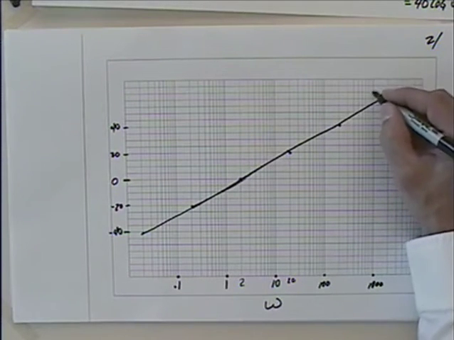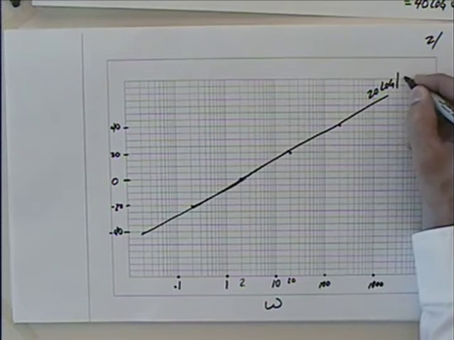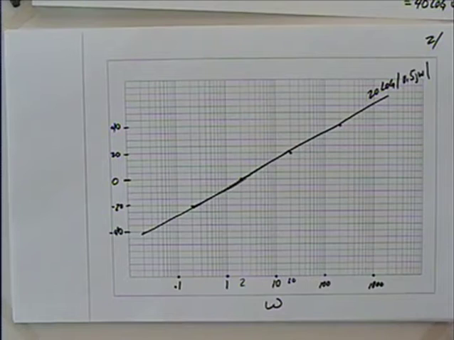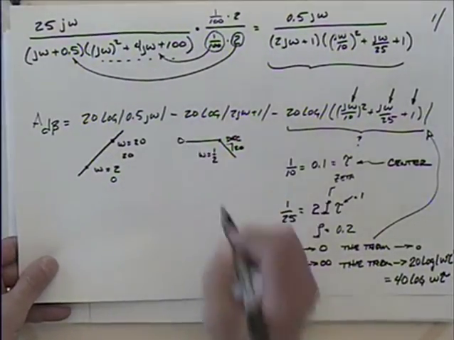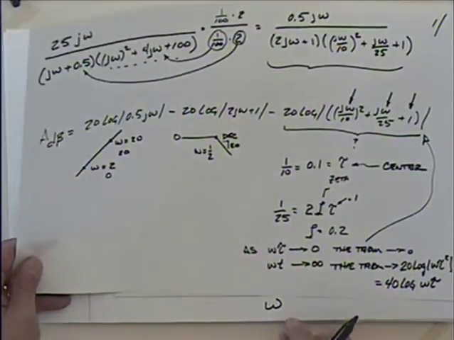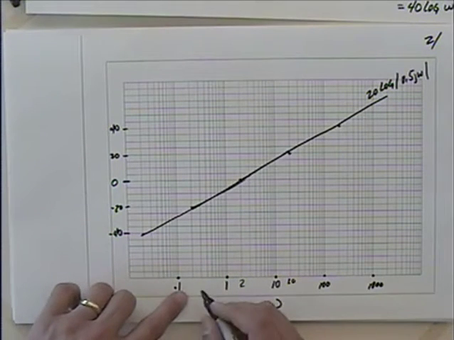This is 20 log of 0.5 j omega. Guess I should have done it with a dotted line. Well, I'll come back and use a bold when we put them all together. So then the next one is fairly straightforward. We have 0, and then it's going to turn down at a half, isn't it? So at a half, that would be 0.5.